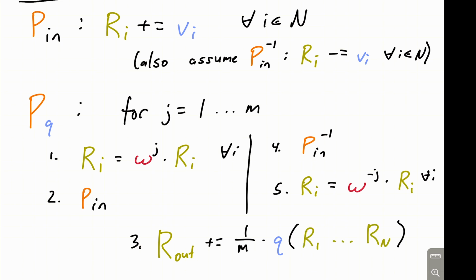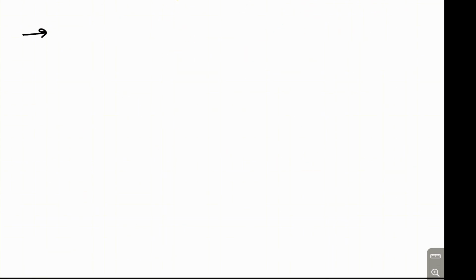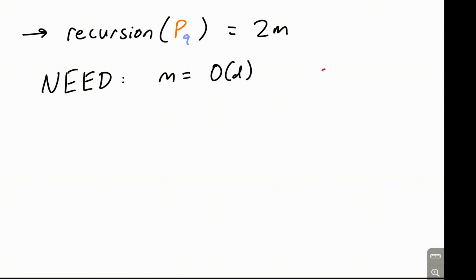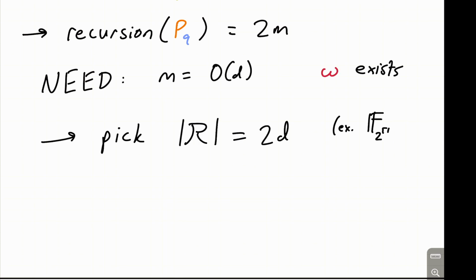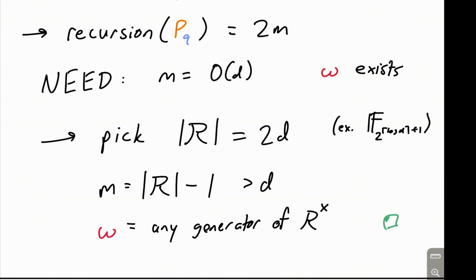And doing this once for each j, the equation guarantees that we add exactly q evaluated on v to our output register, and the total amount of recursion is order m, since we make 2 recursive calls per pass. Lastly, in order to make m be order d, and to guarantee that we have mth roots of unity, we pick a ring of size roughly 2d and have m be the size of r minus 1, picking omega to be any generator of the multiplicative group.